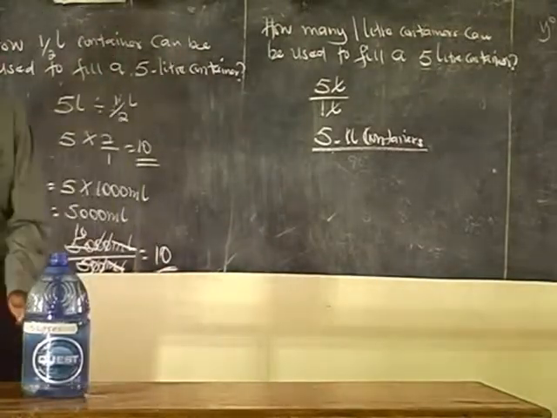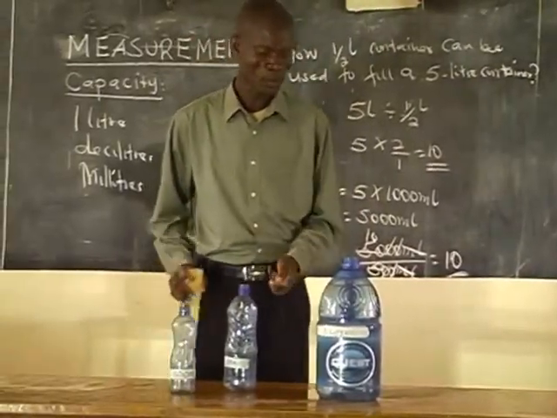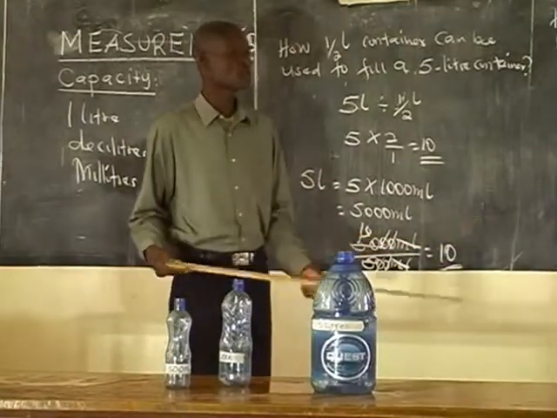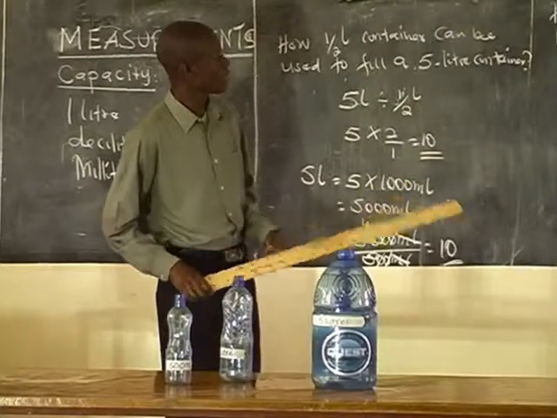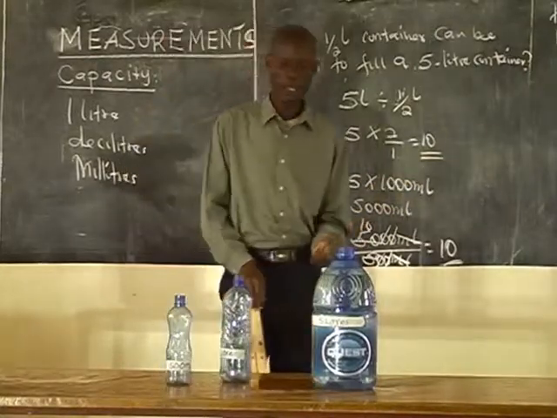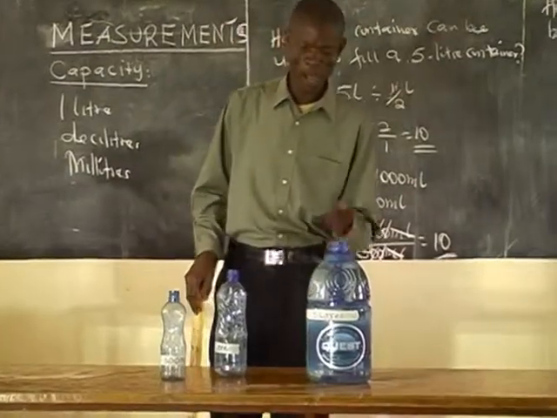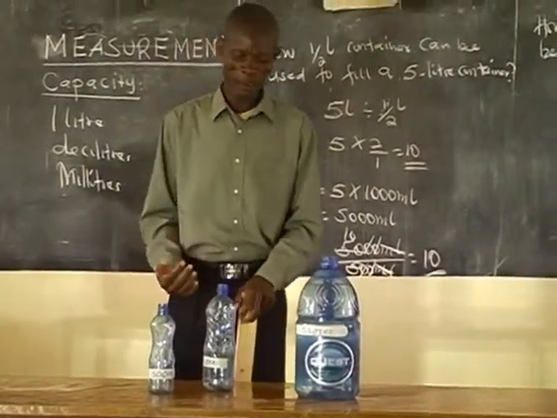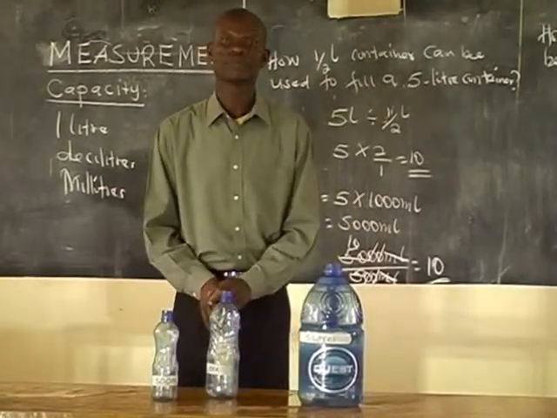So anytime you are given any problem on capacity, where you are asked to identify the number of containers that can be used to fill any other bigger container, what you need to do is take the capacity of the container to be filled, then divide it by the capacity of the small container that is being used to fill it.